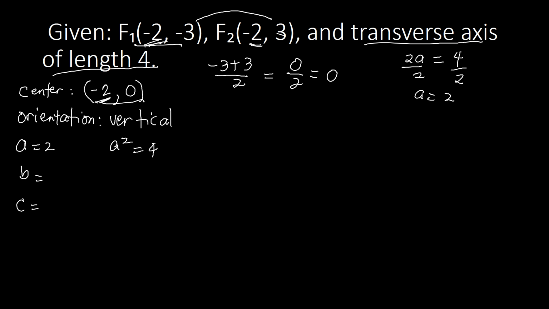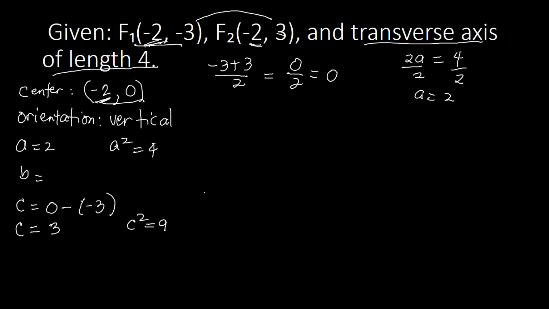We start with the bigger one, which is 0, followed by minus the negative 3 as the y value of our focus 1. You can actually use the focus 2 y value. That's really fine. You'll still get the same answer. So c here is equal to 0 minus negative 3, that is equal to 3. Our c squared here is 9.